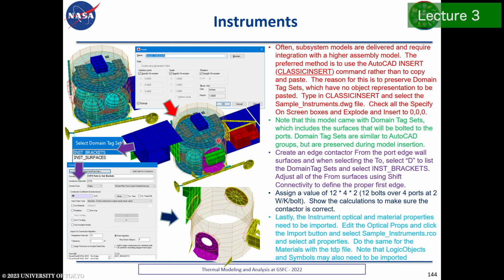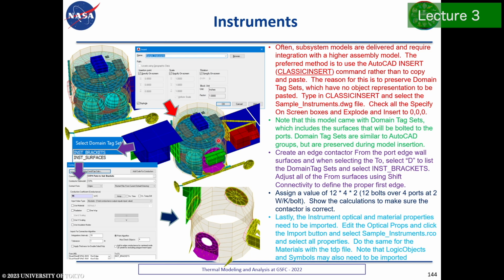Tag domain sets are also useful for turning on and off and controlling visibility of stuff. And they're very useful when you're having to do mapping between a thermal model and a structural model. Because when you set up the post-processing data mapper, if you have tag domain sets defined, now I can control the subsets of my model and what they're mapping to as subset groups in the structural model.